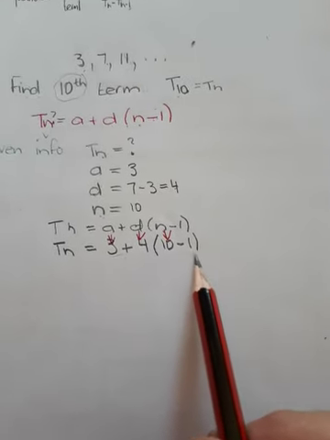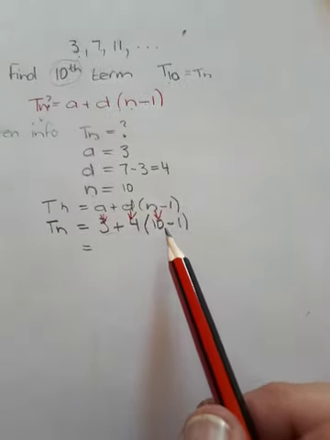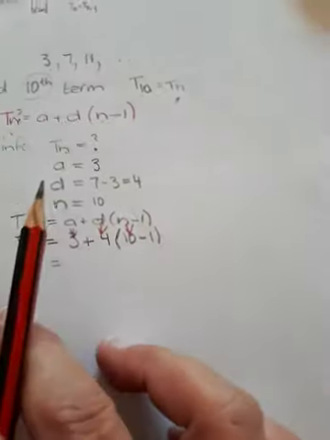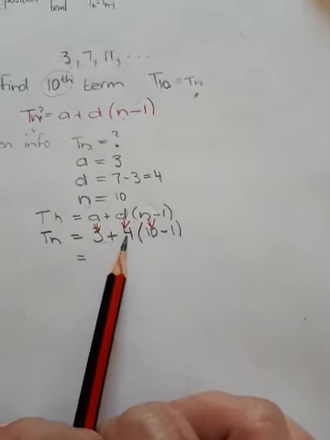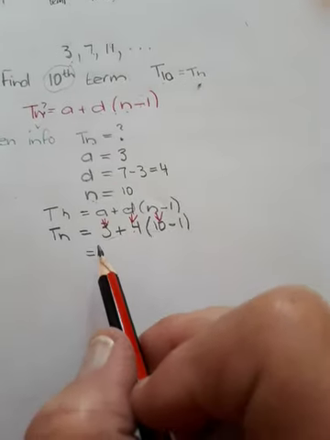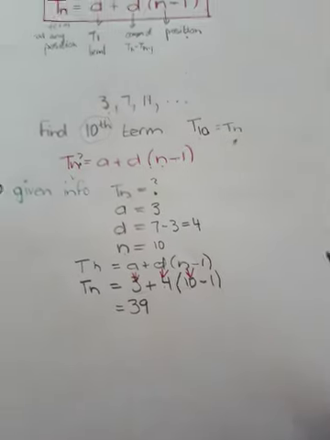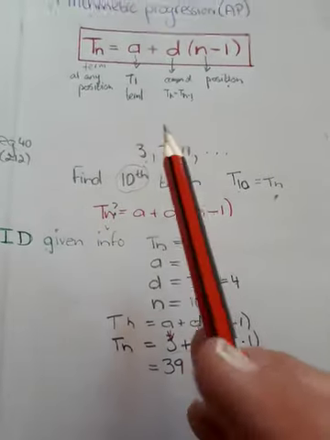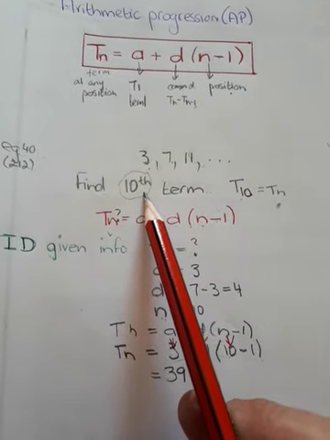And the remainder you just simply take down. And if you look at the right hand side now, people, that's really easy. We can just simply calculate that. We have got 10 minus 1, which is 9, times 4, which is 36, plus 3 equals 39. Okay, so again, they give you a sequence. They ask you for the 10th term.